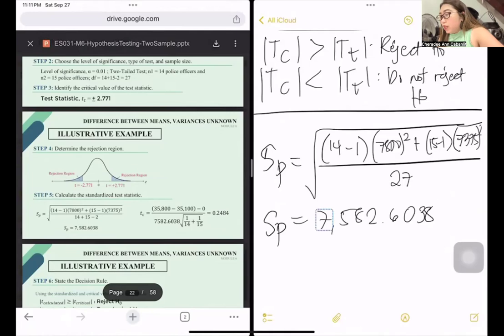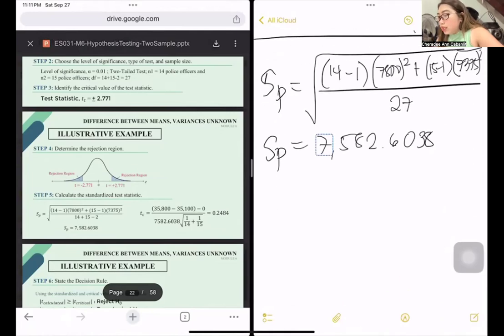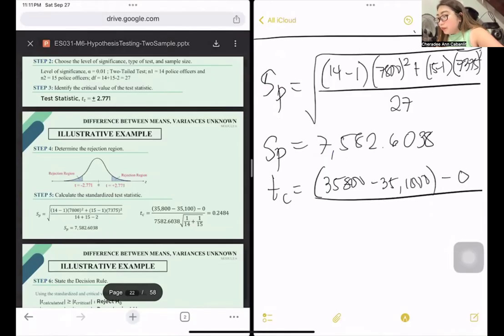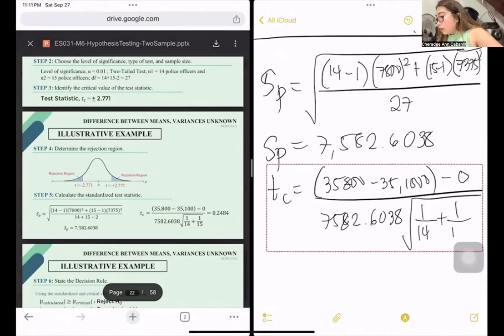7,582.6038. Then we compute the TC, which is bar X1 minus bar X2 minus 0, over SP, which is 7,582.6038, again four decimal places, times the square root of 1 over N1 plus 1 over N2.